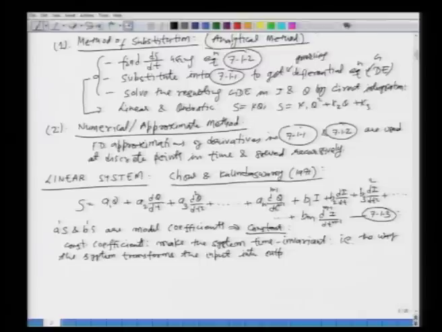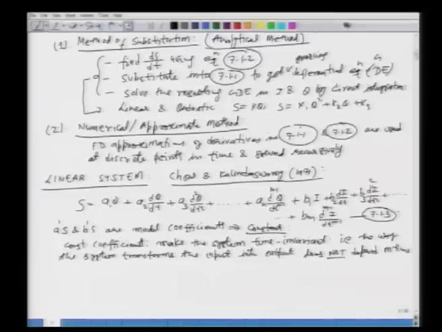In our case, the input is rainfall and the output is direct runoff. Okay. So, this is as far as the definitions of these parameters or coefficients are concerned. And then you have S as the storage, Q as the outflow and I as the input.